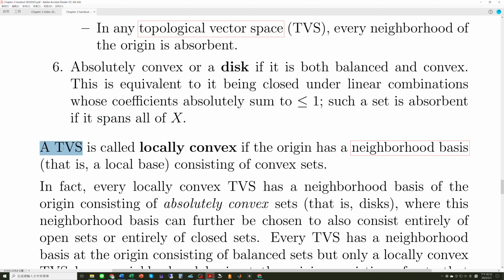So a TVS, topological vector space, is called locally convex if the origin has a neighborhood basis. We will introduce what is a neighborhood basis. That is a local base consisting of convex sets.